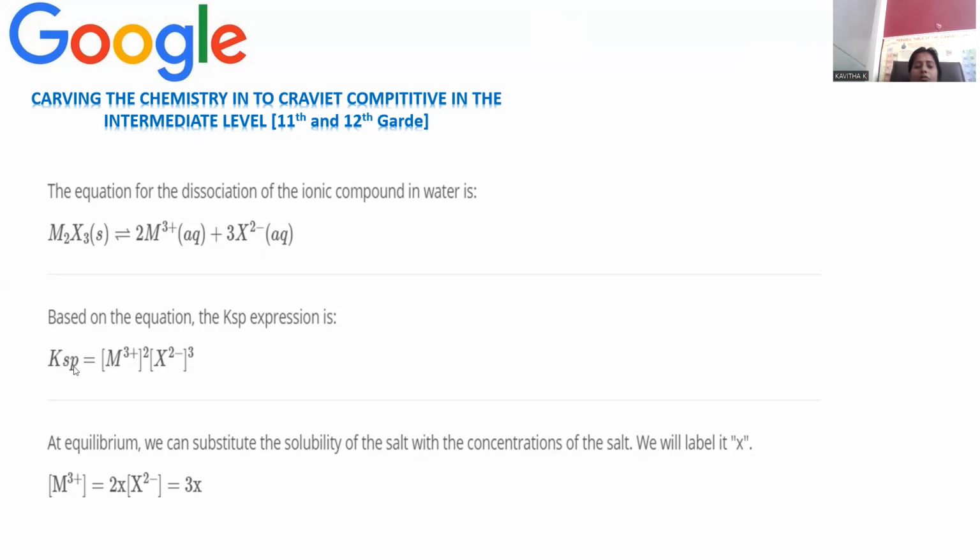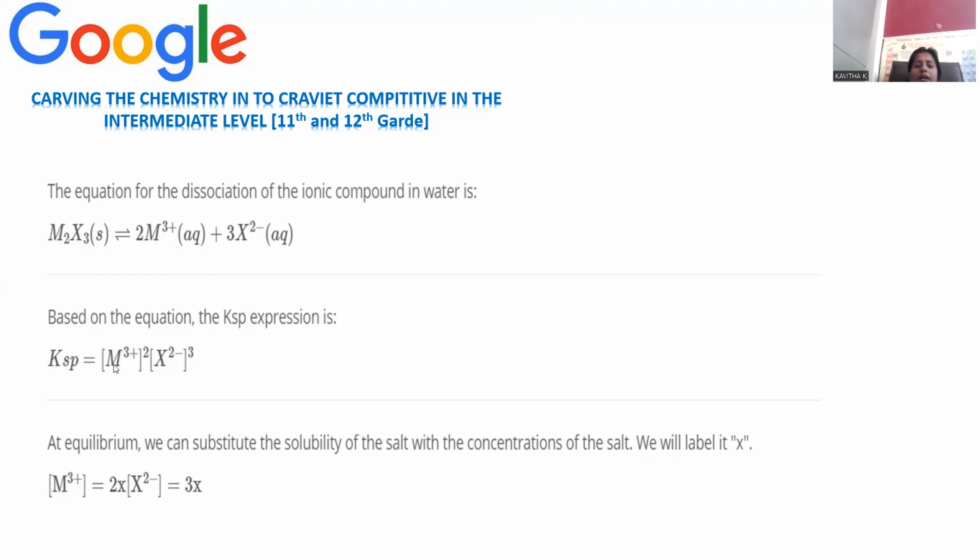And in order to calculate the solubility product, we take the product of all the ions present. M plus 3, how many ions are there? 2 ions, so M plus 3 whole to the power 2. And X minus 2 ions, how many? The coefficient 3, so X minus 2 whole to the power 3.